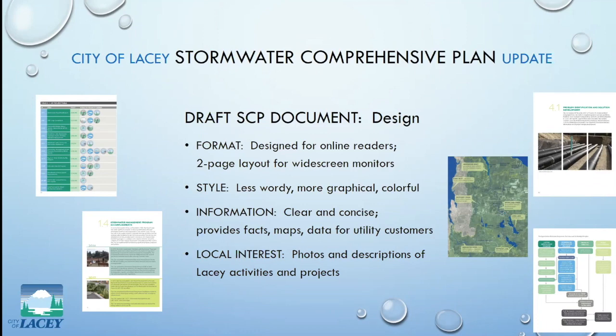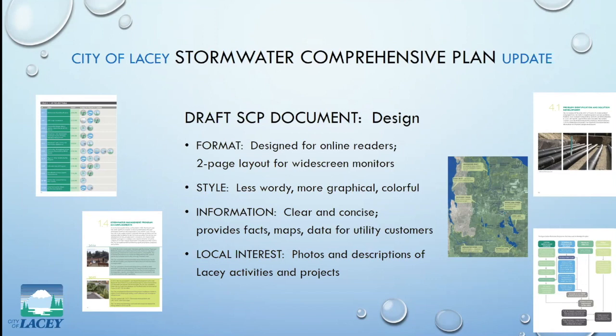So we're in the modern era, and we're moving away from paper documents more to online content. So we wanted to make this Stormwater Comprehensive Plan, rather than being a thick bunch of paper and text, a more accessible read, make it useful for our readers, for our utility ratepayers and others who are looking at it, maybe even, dare I say, entertaining as a reference.